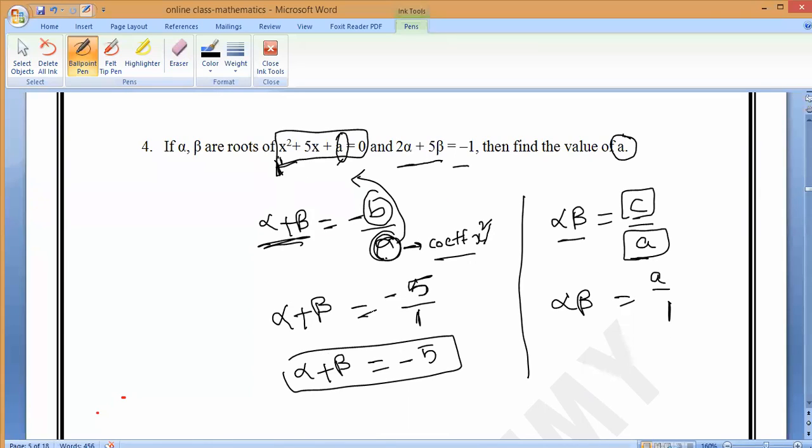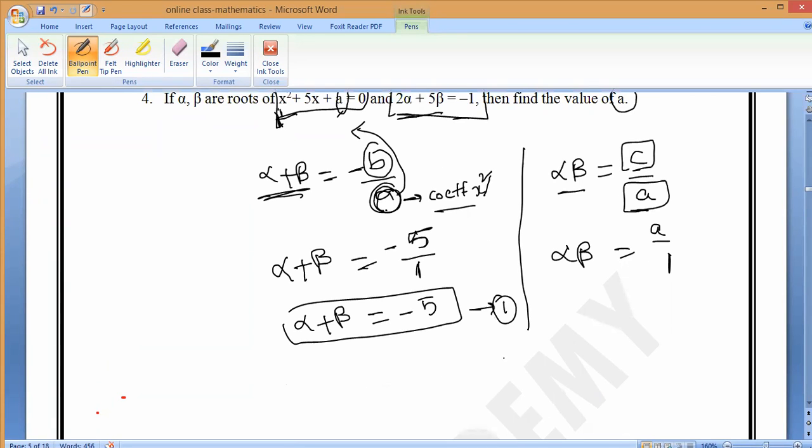What is our given condition? Consider the given condition: 2 alpha plus 5 beta equal to -1.